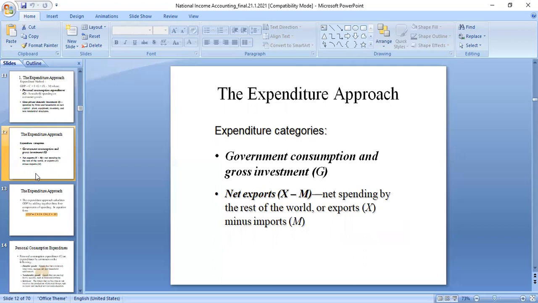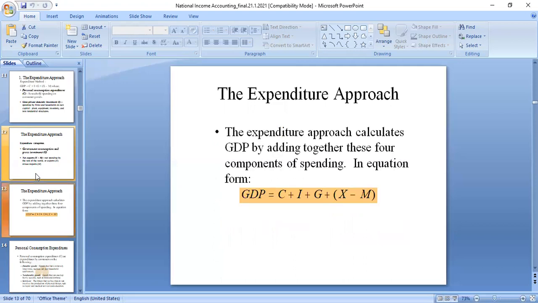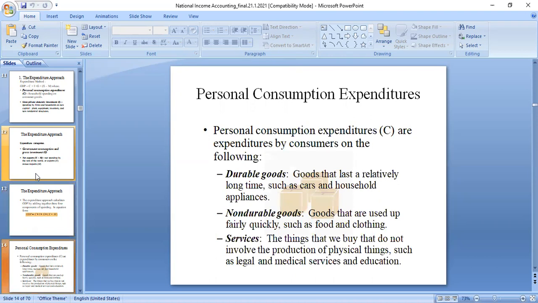So we add that amount that the government has spent, and it will stand for G. And then, like we've already seen, the net exports will be the exports minus the imports, right? So there is our method for GDP, which is the expenditure method, C plus I plus G plus net exports, right?